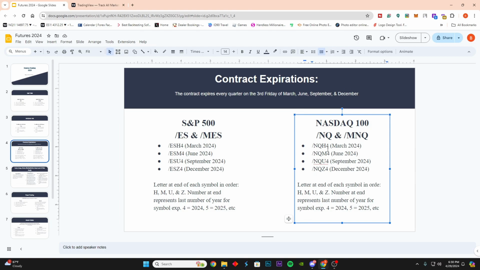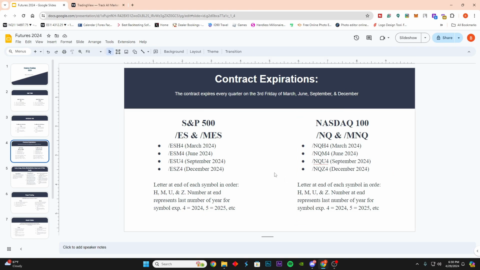But for NQH4, that's the March 2024 contract, as well as NQM4, which is the June 2024 contract, etc. And then same thing, the letters in order, as well as the number at the end for the year. So yeah, that is why these contracts expire, as well as the format for each different contract.